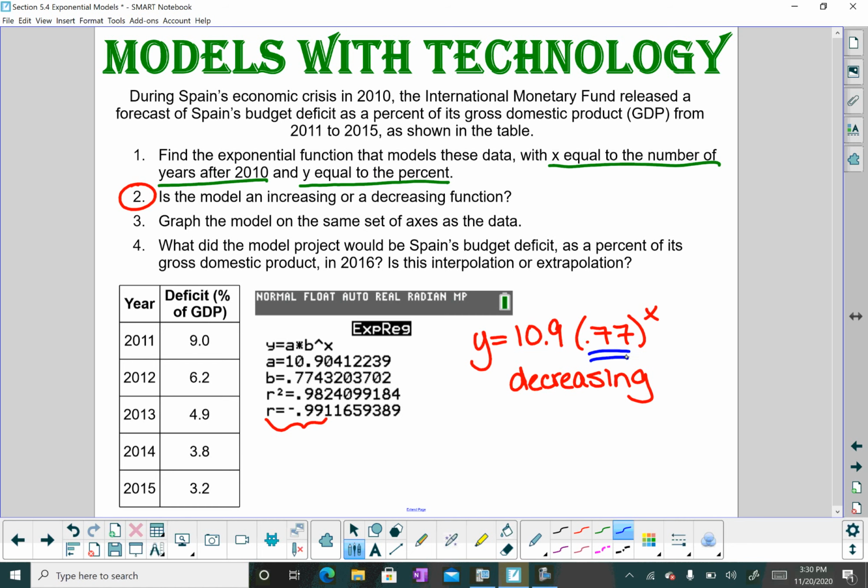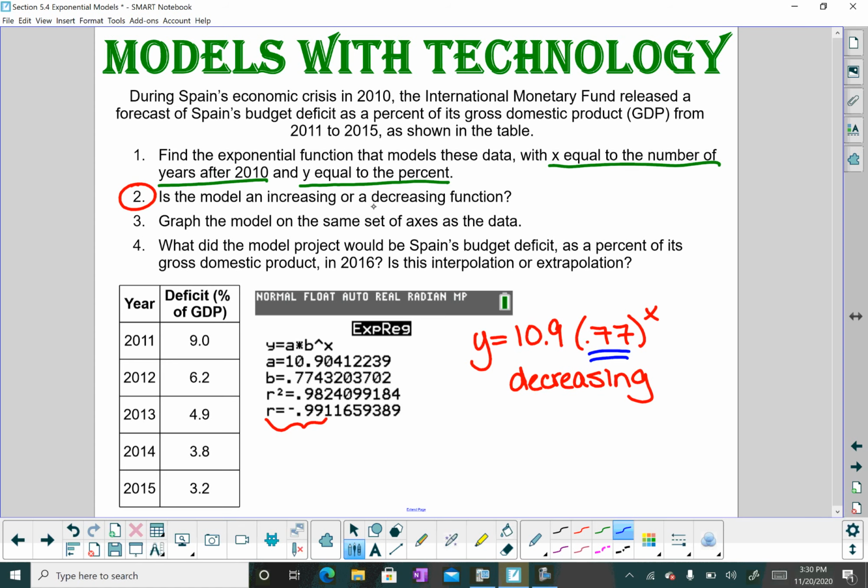The growth rate's that number inside the parentheses. If you have a number bigger than 1, you know that it's growing or increasing. If you have a number less than 1, you know that it's exponential decay or decreasing. So we can say either way that this is a decreasing function.